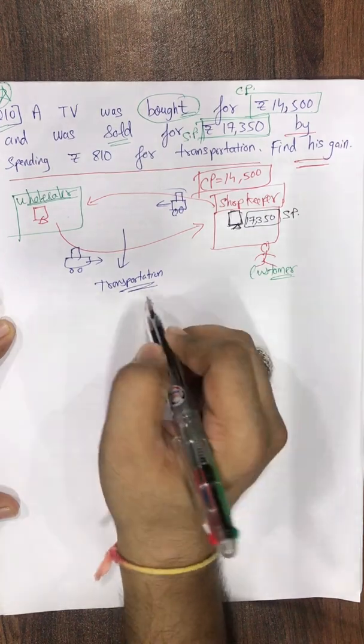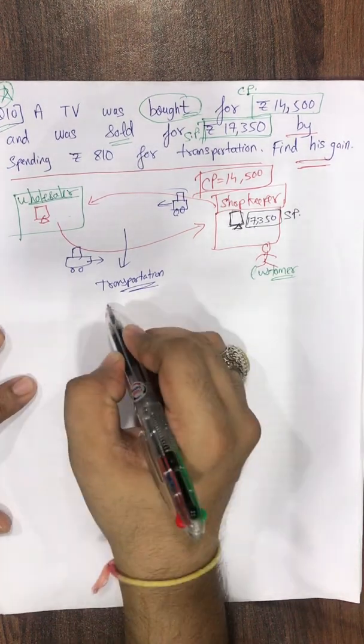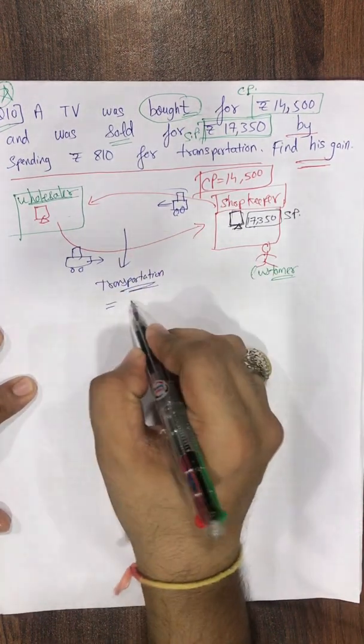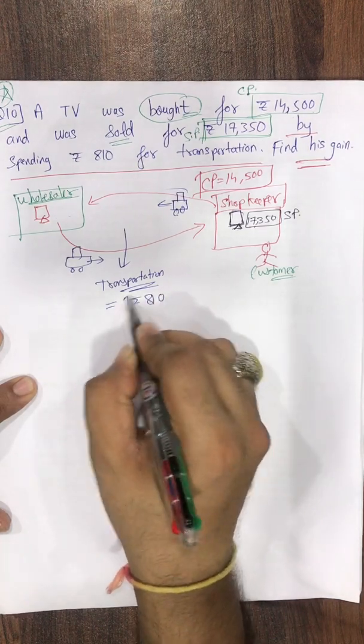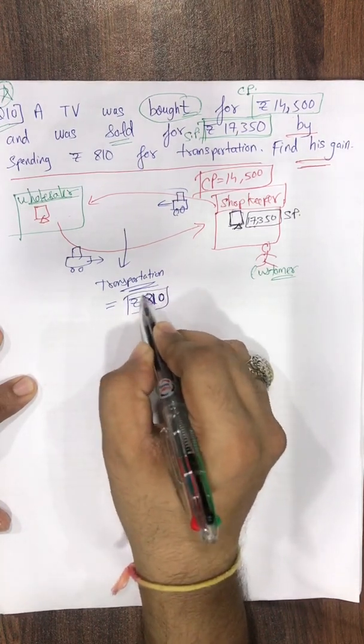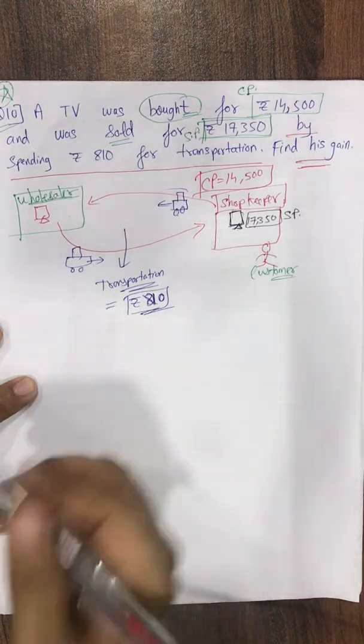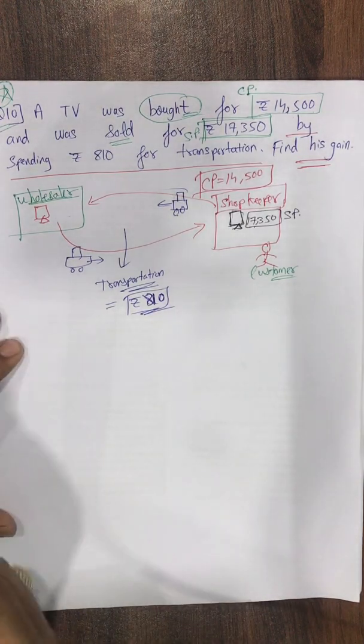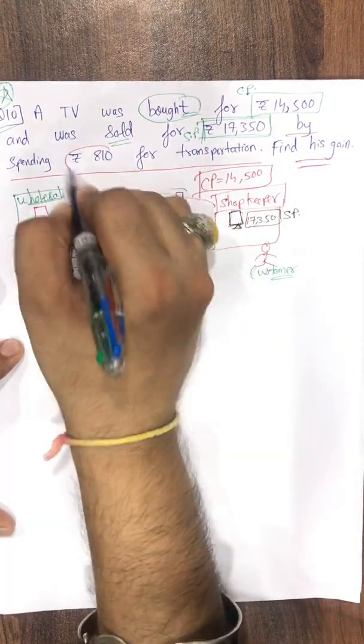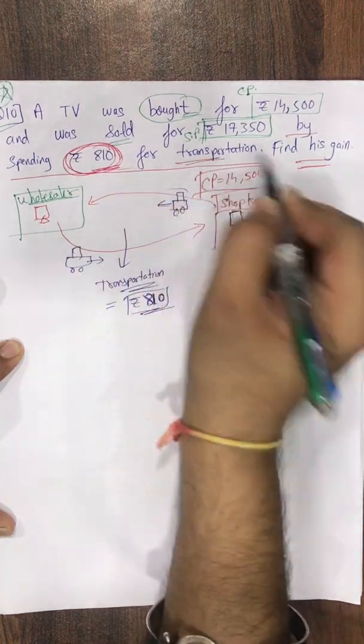This transportation, students, cost me. The taxi driver took rupees 810 from me. See here, it's mentioned: I spent rupees 810 on transportation.